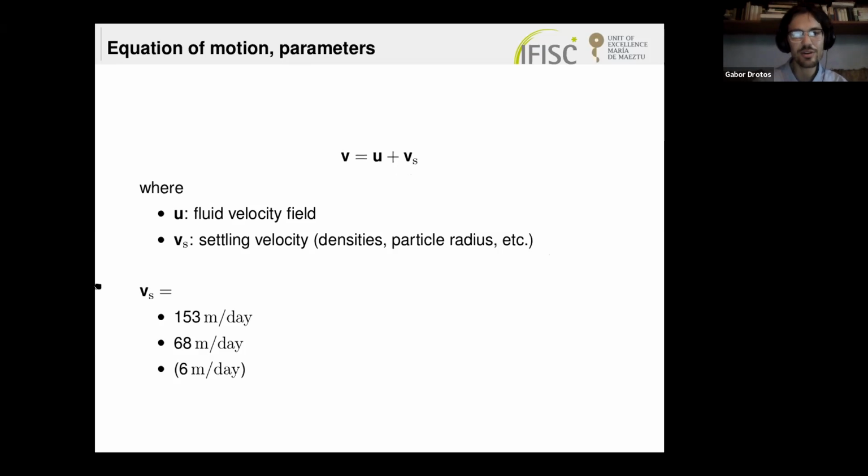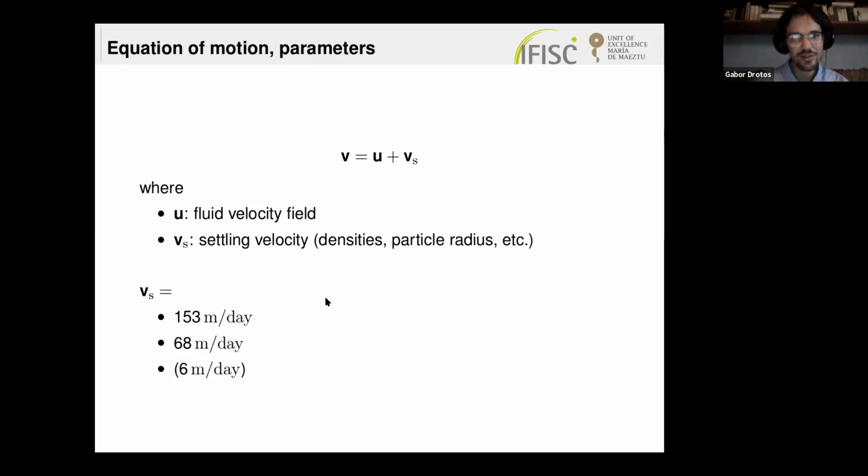And to have a realistic setup, we choose three different sinking velocities, settling velocities, of which the smallest one is available only for a partial simulation, simulation of partial length, but I will speak more about the other two.